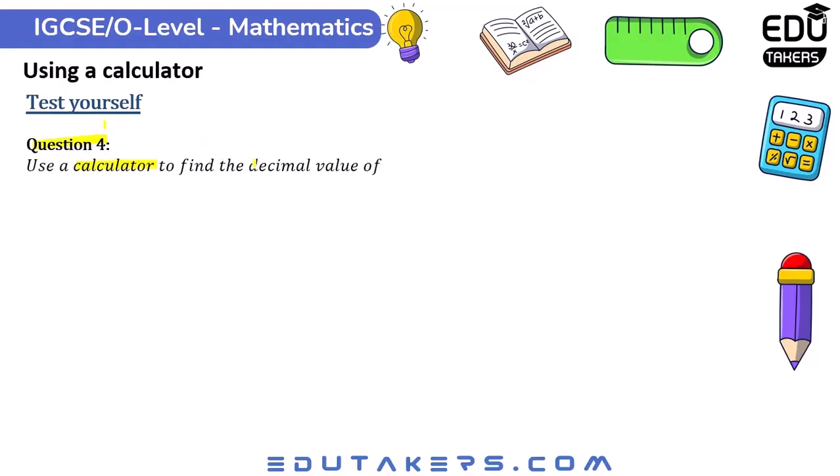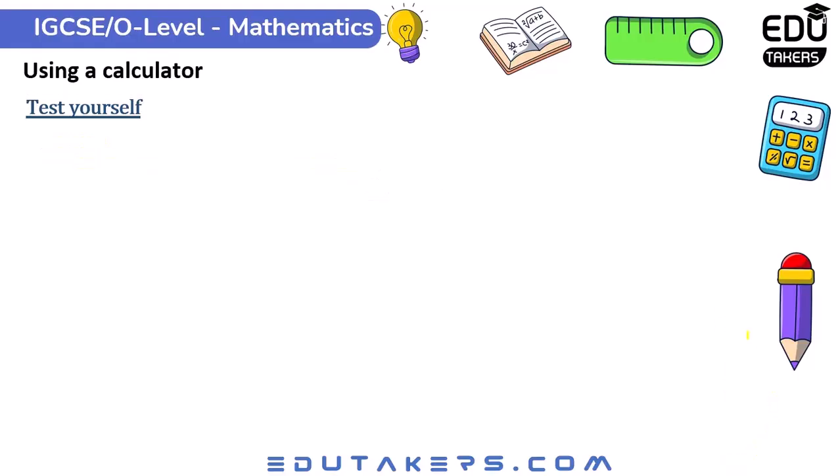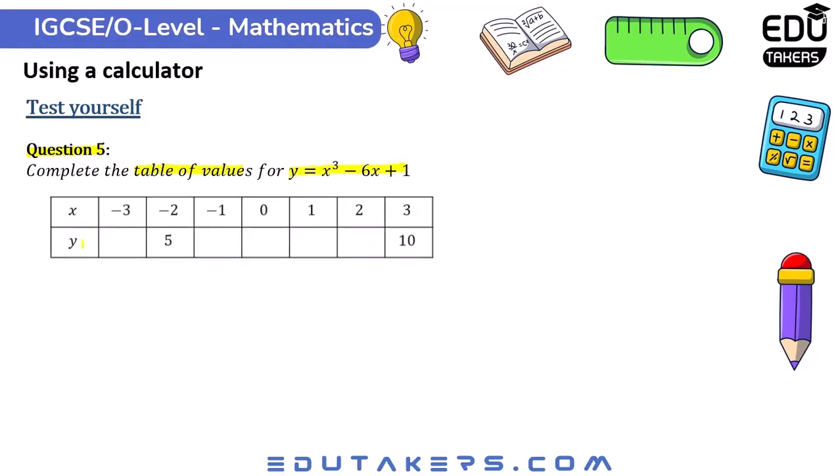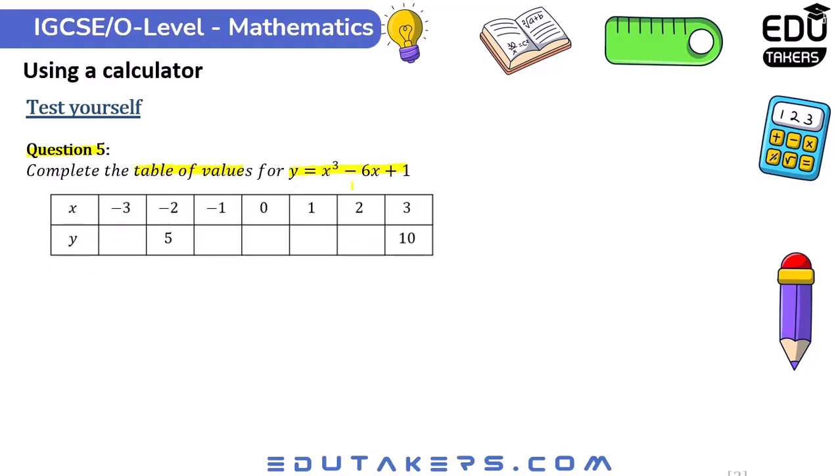Use a calculator to find the decimal value of the square root of 29 minus 3 times 32 raised to the power 0.4 over 3. And it's a 1-mark question. Question number 5. Complete the table of values for y equals x cubed minus 6x plus 1. Some values are given and it's a 3-mark question.